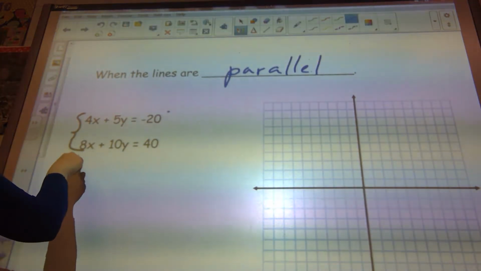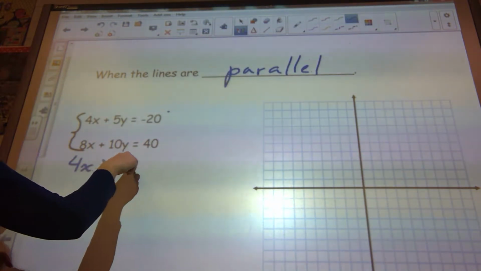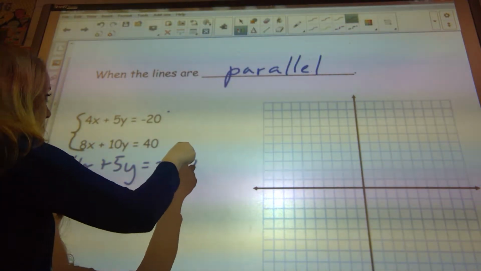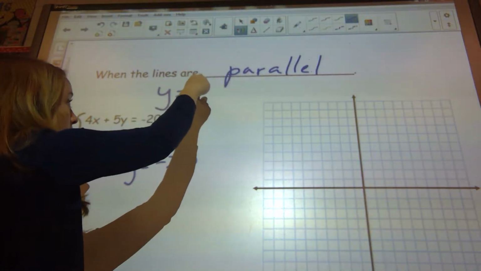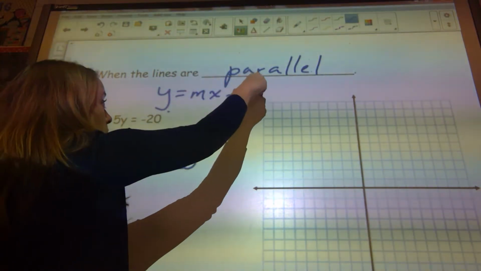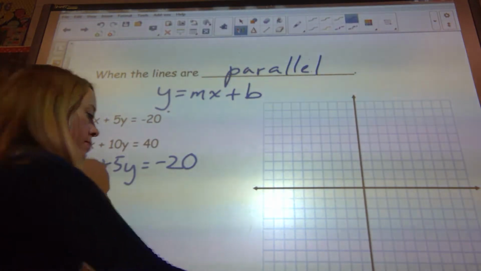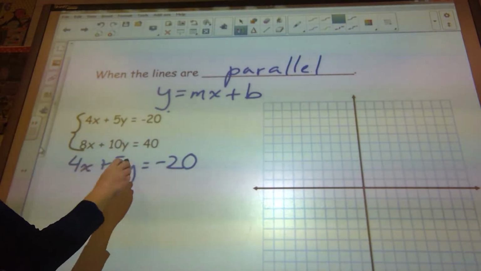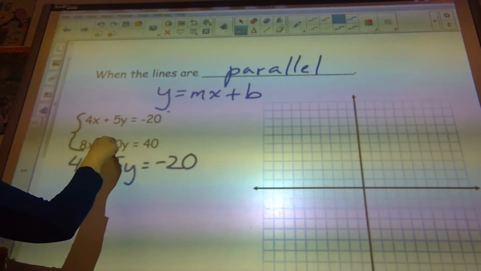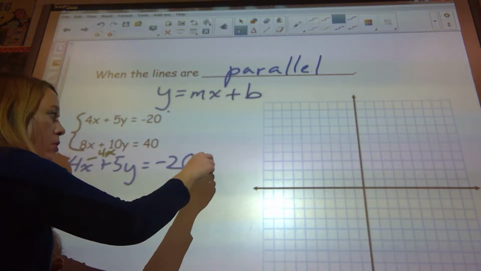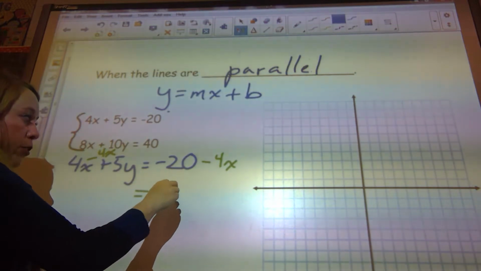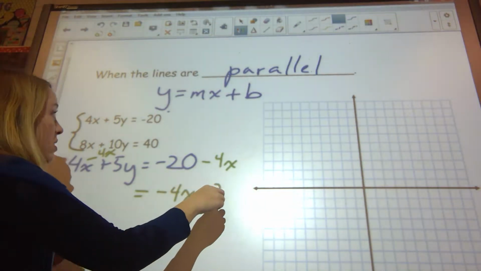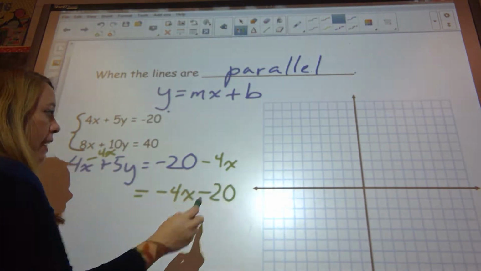So my first one, 4x plus 5y equals negative 20. I need to put that into slope-intercept form, which of course is y equals mx plus b. So I'm going to be moving this 4x over here by subtracting it from both sides. I want to put it first, so it'll be as close to that form as I can.